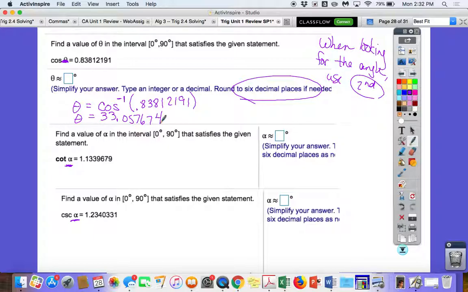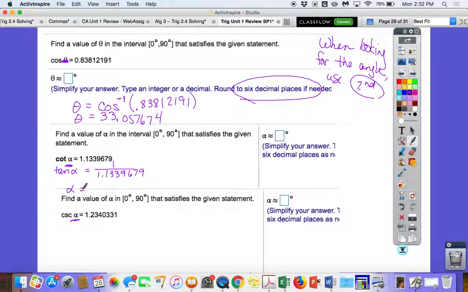All right, next one. I do not have a cotangent button, so I'm going to have to use some skills here. I want its reciprocal, so I'm going to take the reciprocal of both sides of this equation. That's going to give me tangent of alpha equals 1 over this decimal. Well, I don't want tangent of alpha, I want alpha.